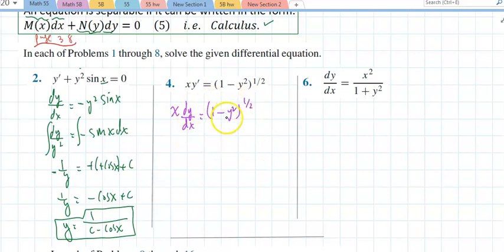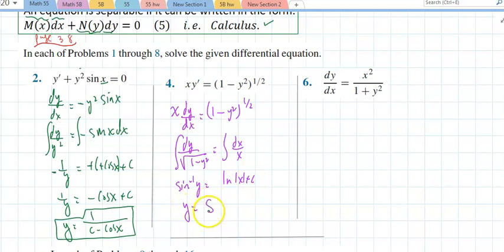So if I swap those, divide, cross multiply, I'll be getting dy over the square root of 1 minus y squared will equal dx over x. If I integrate, well, I know this is the inverse sine of y, and this is natural log of absolute value of x plus c, and I could say y equals the sine of natural log of absolute value of x plus c.